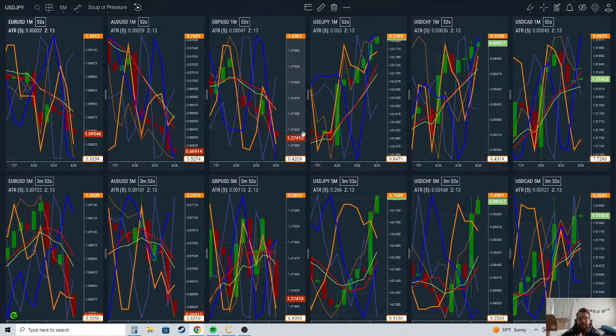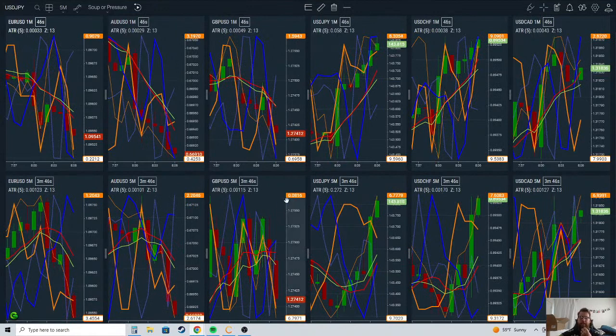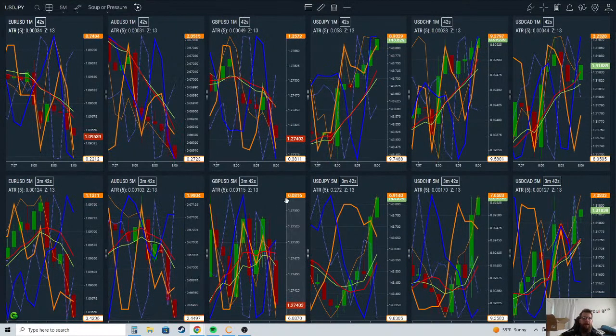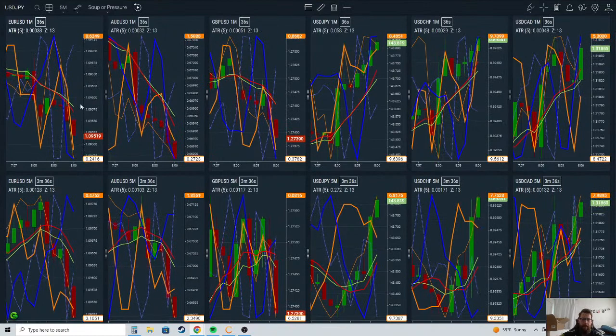So we're just doing some live trading in the Forex market, and this is a lot to look at if you're just seeing it for the first time. Basically, what we're looking for is how the price action interacts with these lines here, which is called the pressure.